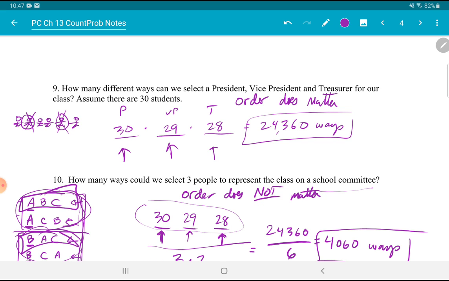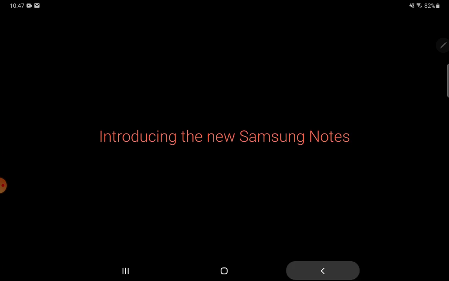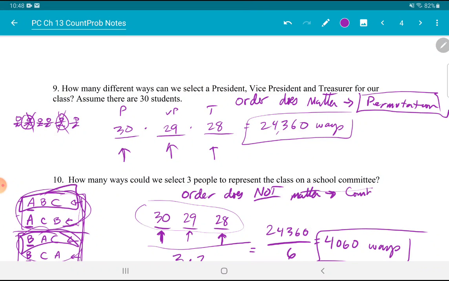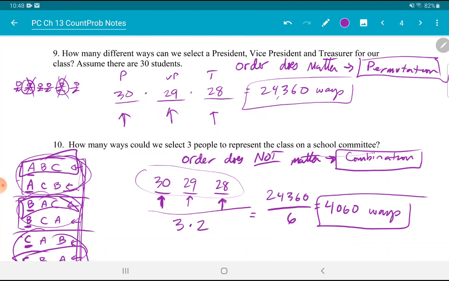When we're talking about counting the number of ways in which order matters, what we're talking about here is finding what we call a permutation. A permutation. Okay? And the way that we can find the number of ways in which the order doesn't matter is called a combination. So this is the difference between a permutation and a combination.